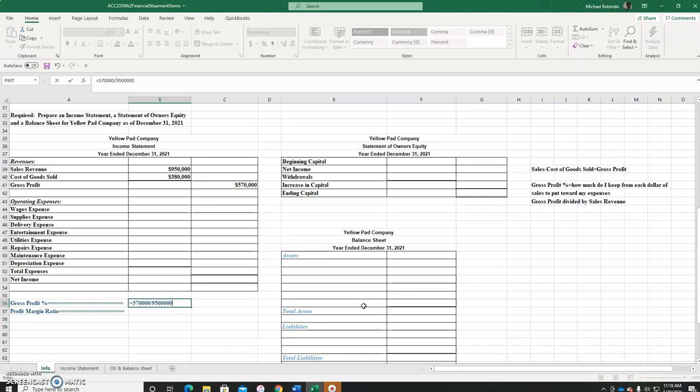Okay, on Excel you have to use the slash to divide, but I don't want you to get hung up on the Excel right now. Okay, so the 570 divided by the 950 gives us a gross profit percentage of 60%. So out of every dollar in sales, okay, I get to keep 60 cents to put towards my expenses.